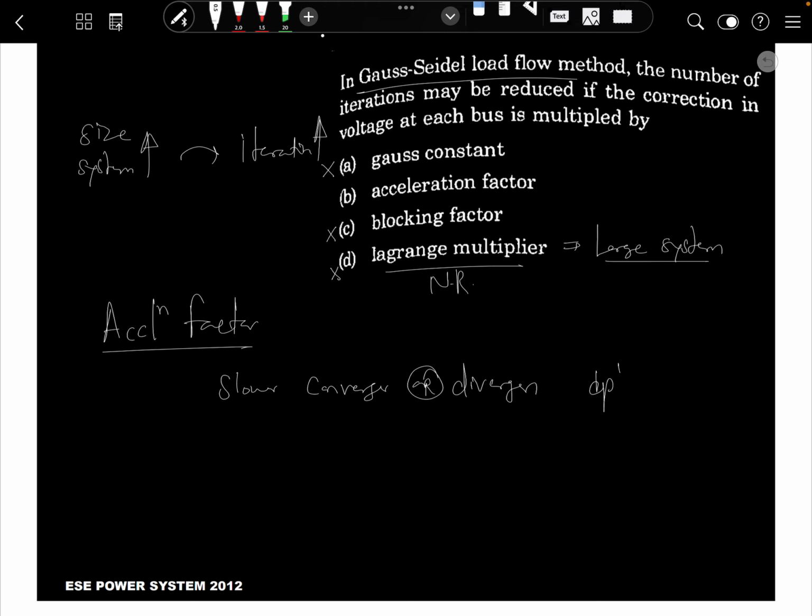That's why option B, which means the acceleration factor is multiplied at each bus, so that we are able to control convergence or divergence, and we can get the output of power, reactive power, voltage and angle at particular buses.